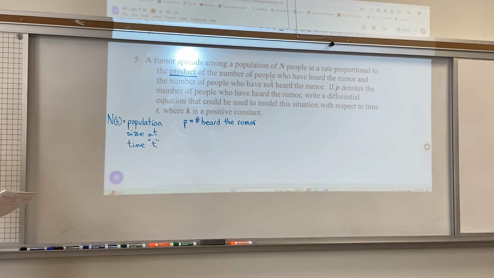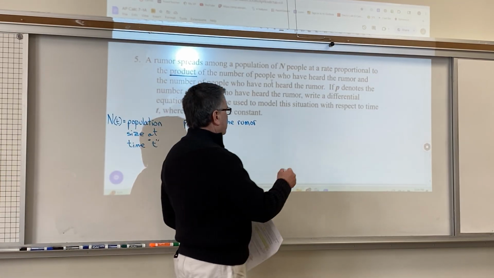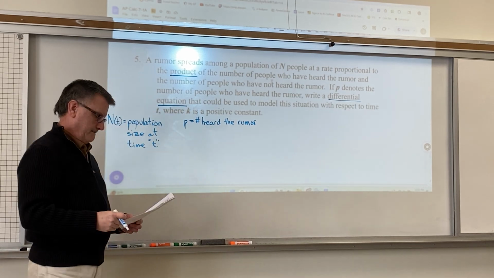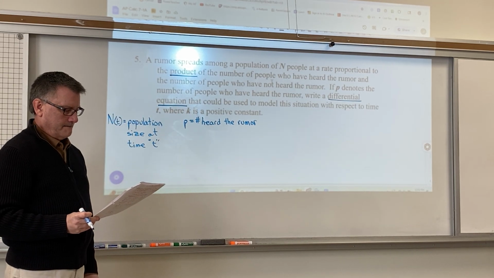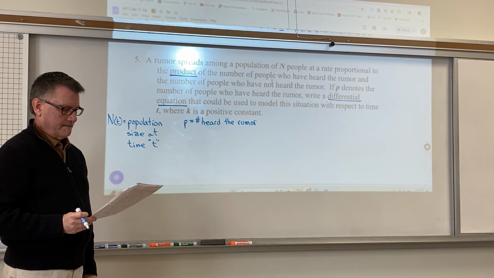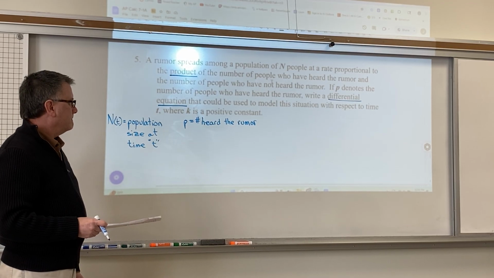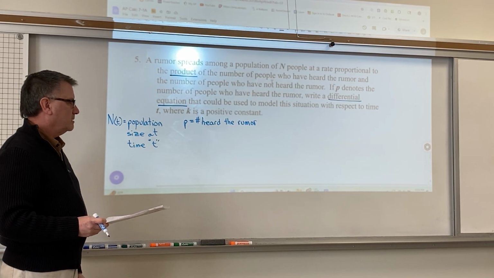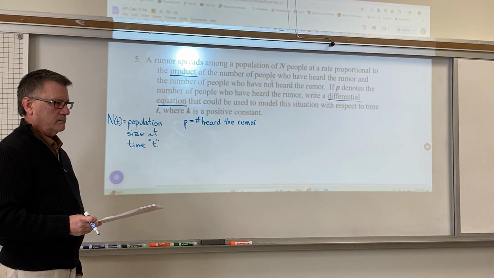So we got that, we got P. That's the number of people who've heard the rumor. Write a differential equation that could be used to model this situation with respect to time. Number of people who've heard the rumor.